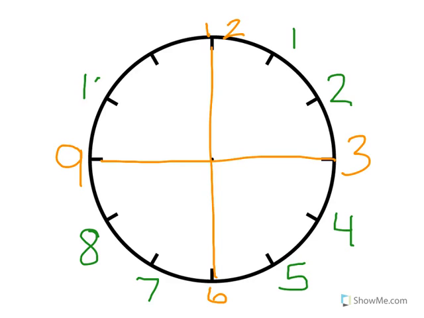And then 10, and then 11. So you can see we have these 4 anchor points. We have 12 right here, 3 right here, 6 right there, and 9 right there. And then all the other spaces in between. So it goes from 12 to 1 to 2 to 3 to 4 to 5 to 6 to 7 to 8 to 9 to 10 to 11 and back to 12 again.